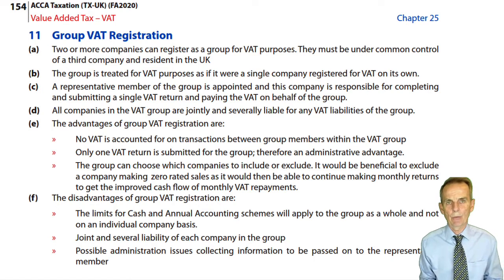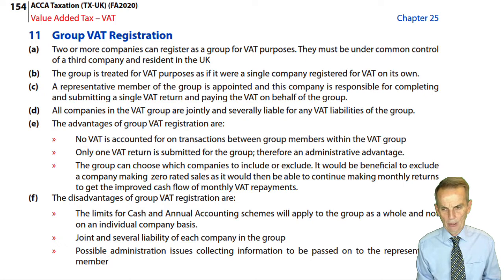Group VAT registration. What we've seen so far in this particular chapter is that a business, now that could be an unincorporated trader or a company, of course, but a business there either could choose to register if it made taxable supplies, or had to register if it met the compulsory registration limits there.